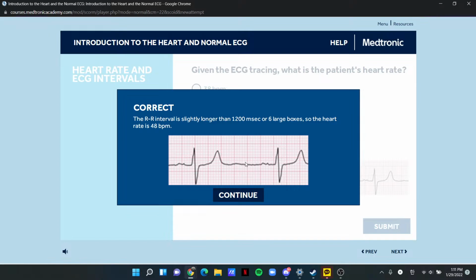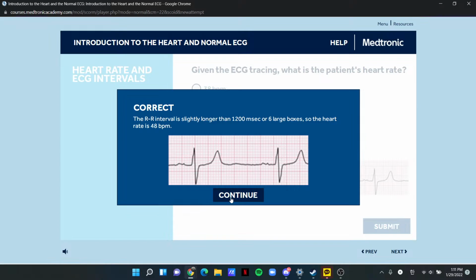So math correct, right? Yeah. 47. 6 large boxes. 1 large box is 200. That's what they're saying, 1,200. 1,200 plus 80. 60,000 divided by 280. That's what I got, 47.